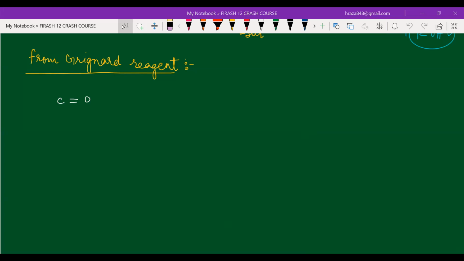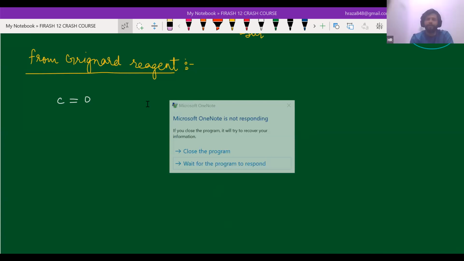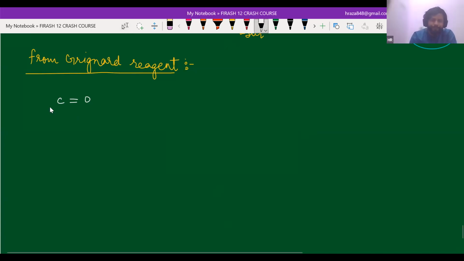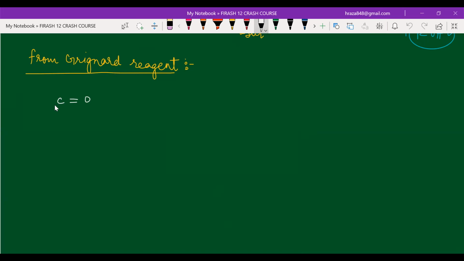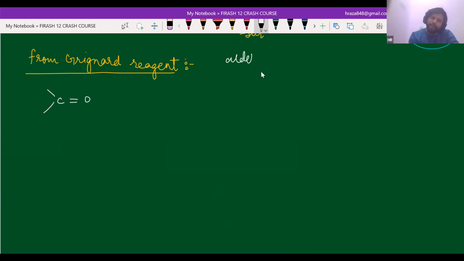Yes. You can see this is your carbonyl compound, and this refers to aldehydes and ketones.